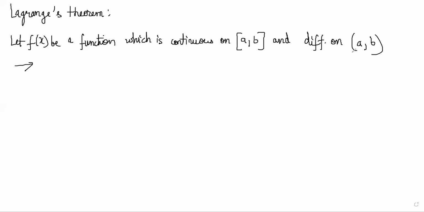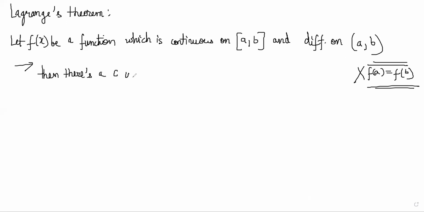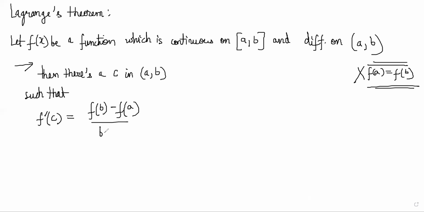In Rolle's theorem there was an extra condition of f of a equal to f of b. That condition is no longer there, so Lagrange's theorem is a more powerful version. It says then there is a c in (a, b) such that f dash c is equal to (f of b minus f of a) by (b minus a).